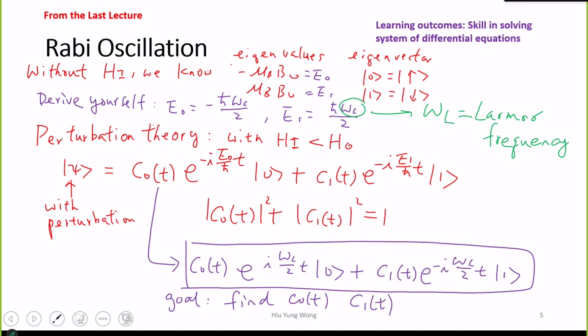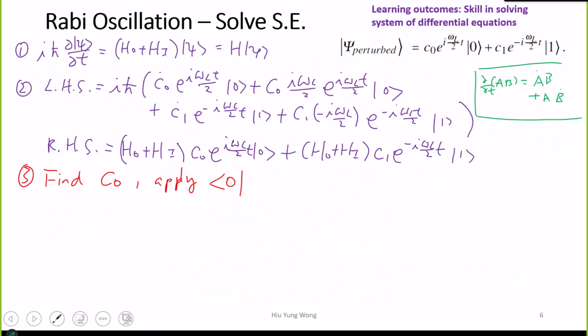Because if you go to a really different system, your basis states might change, but now it's only a perturbation. You still have the same basis states, and all you need to do is find the coefficients.